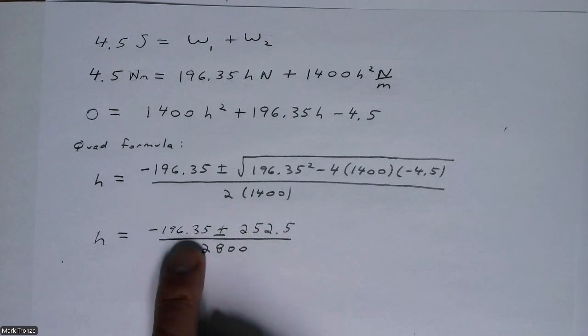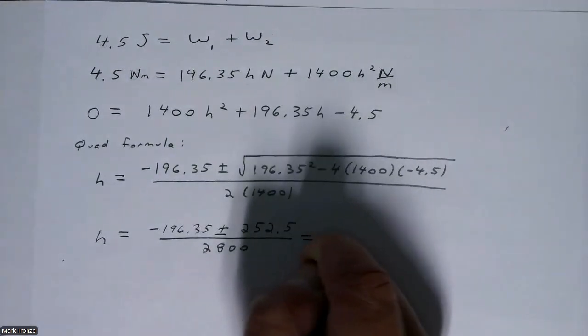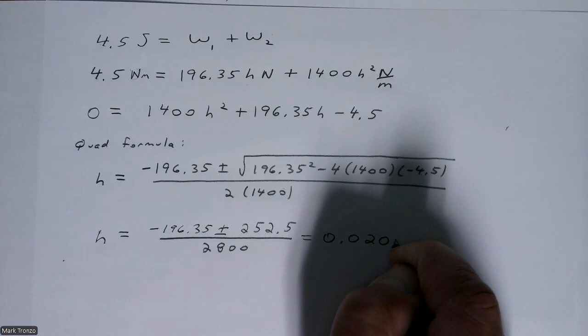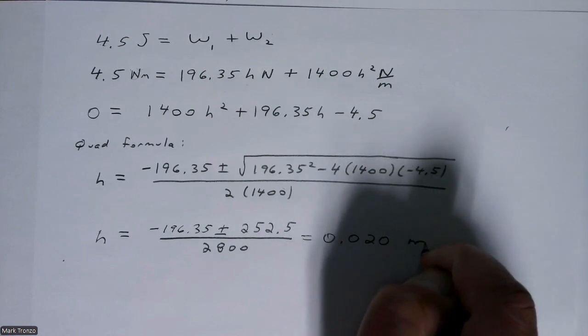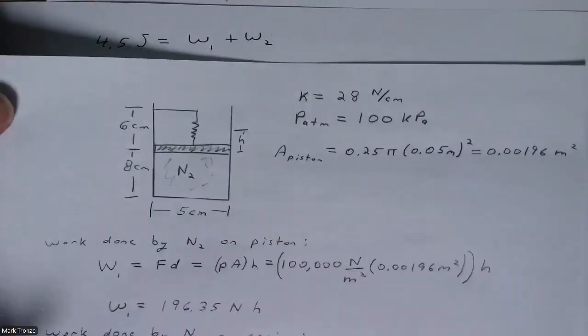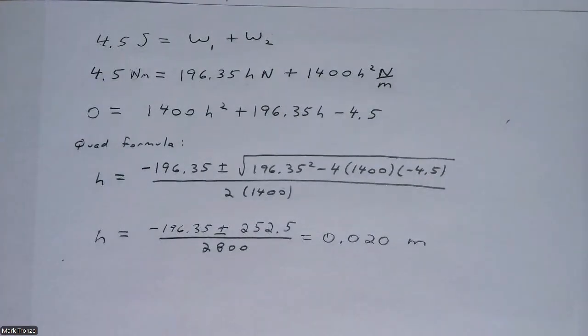But if this is positive and that's negative, we end up with something like 0.020 meters, like that. That's going to be the height that the piston is going to move when 4.5 joules of work is done by the nitrogen.